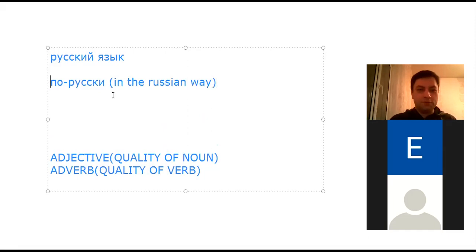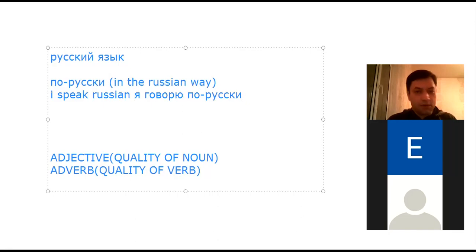So you can use this when you say I speak Russian, because here you have a verb, and you can say я говорю по-русски. I speak in the Russian way, or it literally means I speak Russian language.